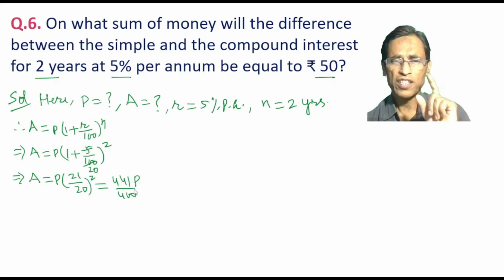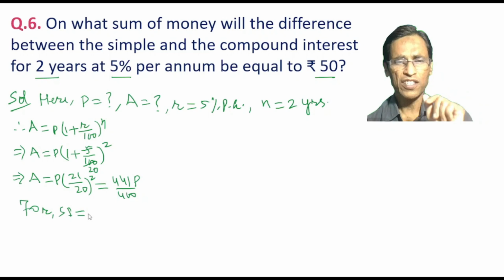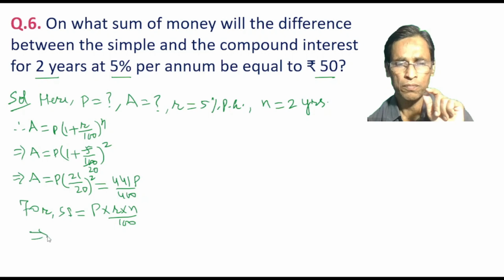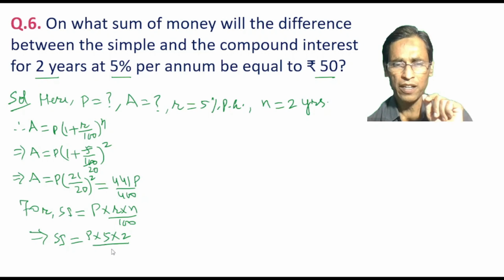So now it is the value of A in terms of P. Now we proceed to find the value of simple interest. Simple interest equals P into R into N by 100. Now P will be as it is, R will be replaced by 5, N will be replaced by 2, and by 100, and so it is 10P by 100.